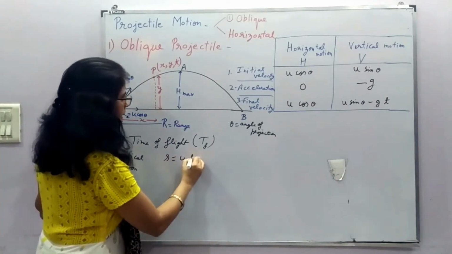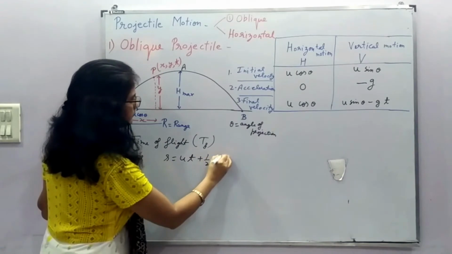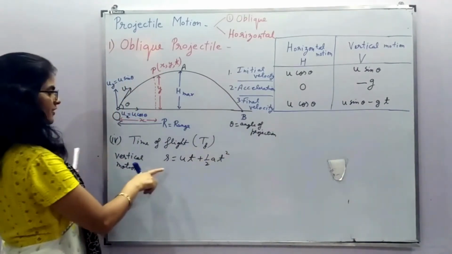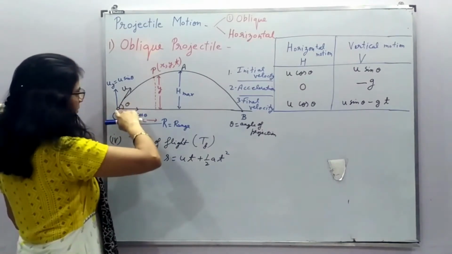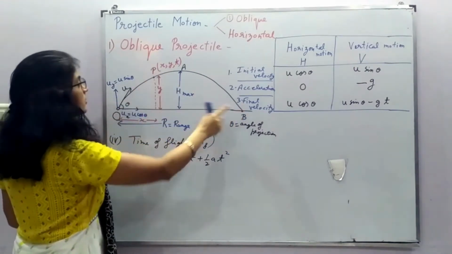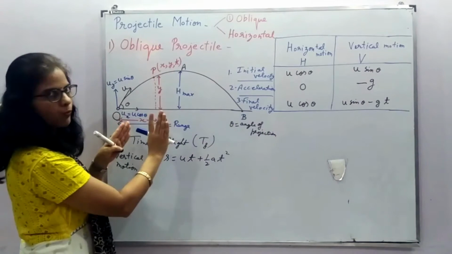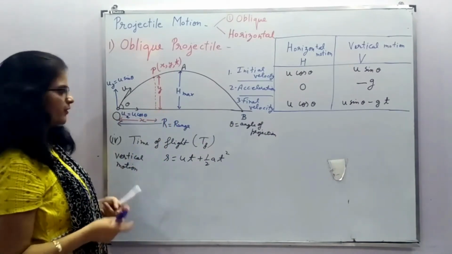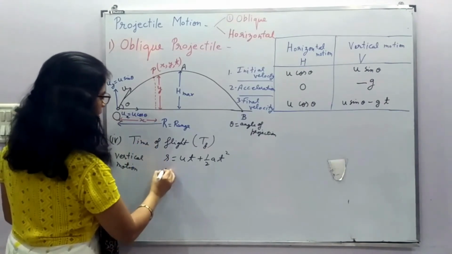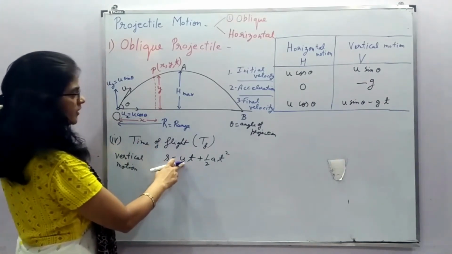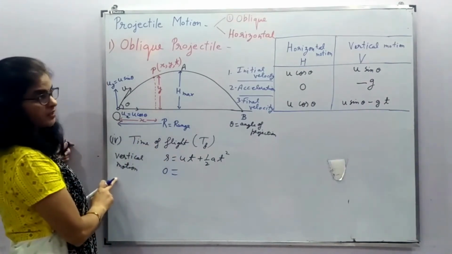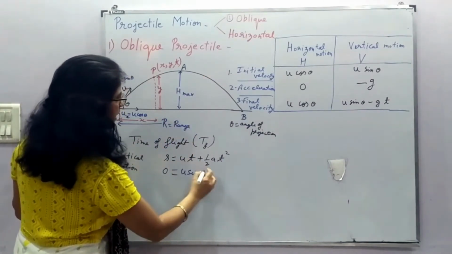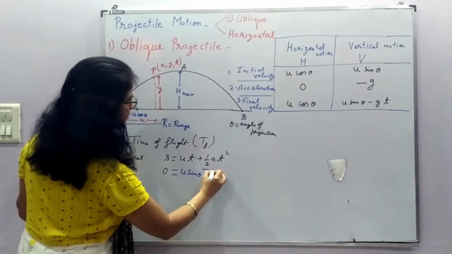And we have to remember this, that we are considering vertical motion. We know this formula. Why we are using this, it will be clear. Because for vertical motion, the displacement from here to here, the vertical displacement is 0. It was on ground initially. It came back to the ground. So this is 0. Initial velocity in vertical direction, remember this, is u sine theta. T I will replace by time of flight.